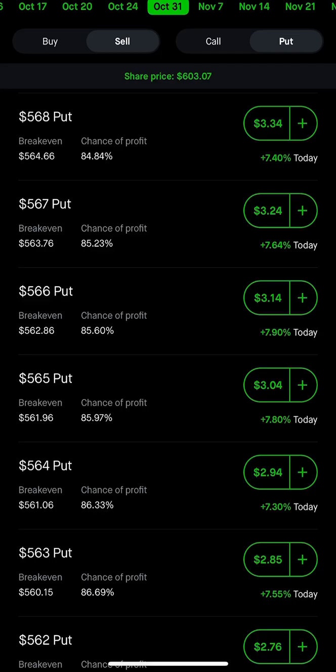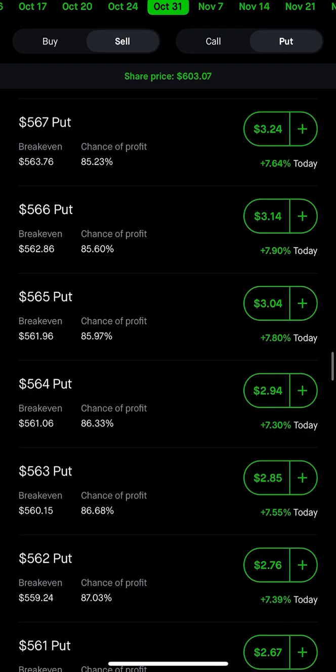On some of the other things that we trade, for example, it would go from 565 to 560, from 565 to 570, and you don't have the dollar increments, which is not advantageous. With QQQ, it's very liquid, very tradable, and it does have the dollar increments, which is awesome. So in this case, what we would do is select 567, chance of profit 85.23.